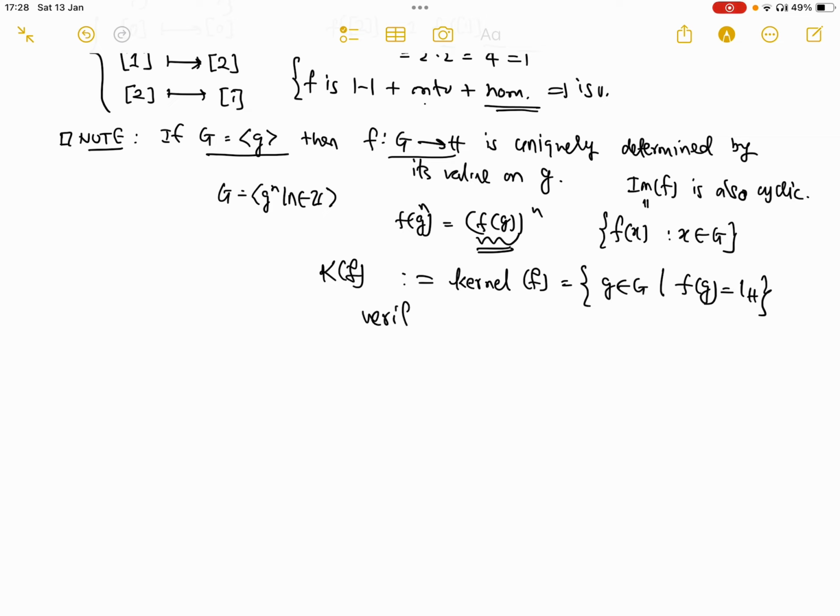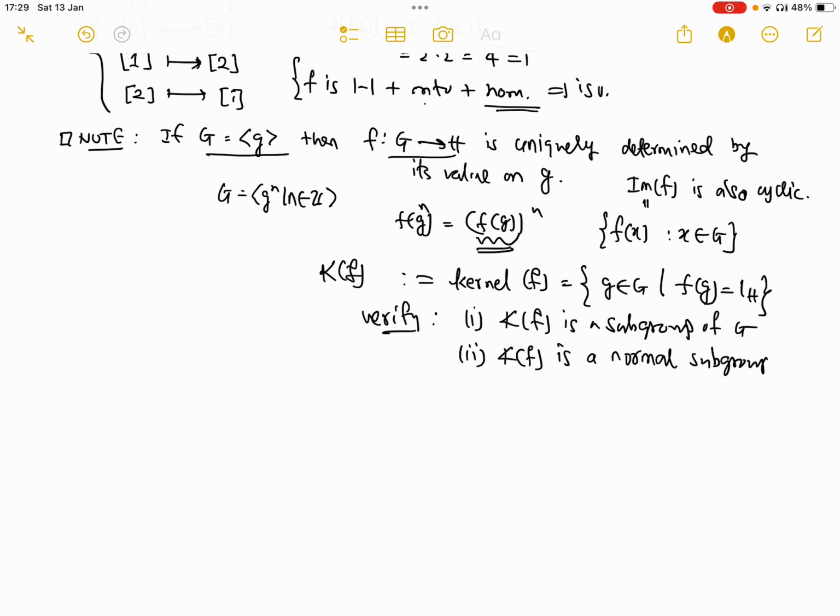So first thing to verify, k of f is a subgroup of the domain. Second thing to verify, k of f is a normal subgroup of G. Third thing to verify, the image of f is a subgroup of H. Fourth thing to verify, the image of f is not necessarily a normal subgroup.